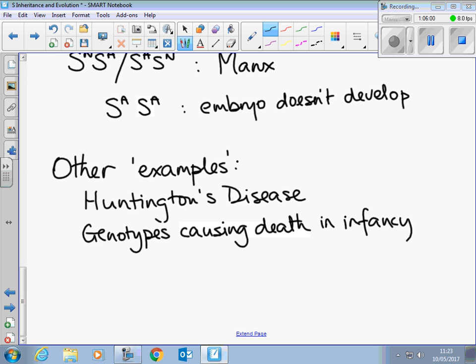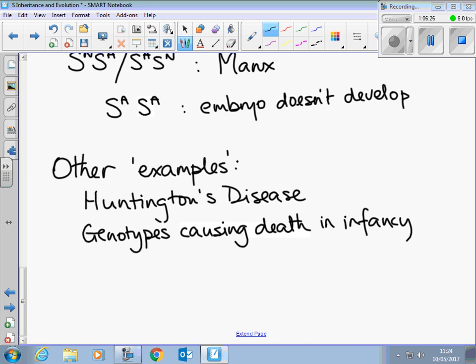So yeah, it's not always that a phenotype is going to appear. All right, so sometimes you will actually lose them, and I've seen example questions where the ratios are not right, and that will be why. You know, examples of the statistics not matching up to what you'd predict.